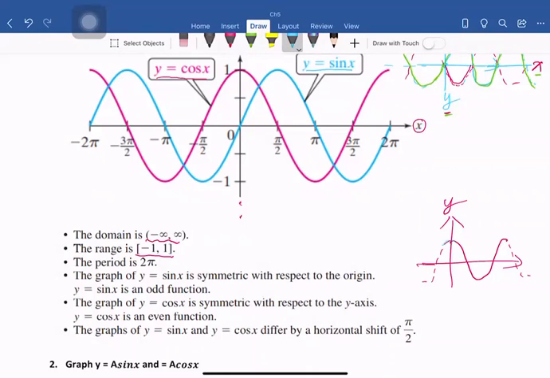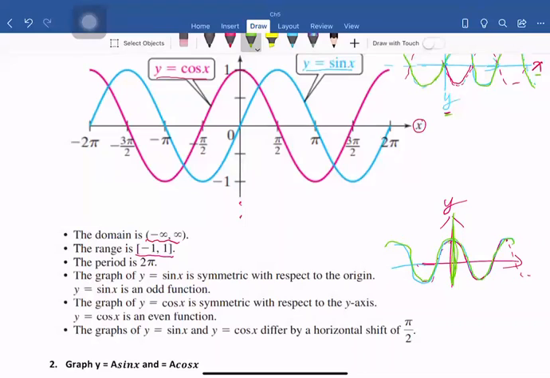So that's itself, just like this part is looking at the mirror. So the graph of cosine x is symmetric with respect to the y-axis.